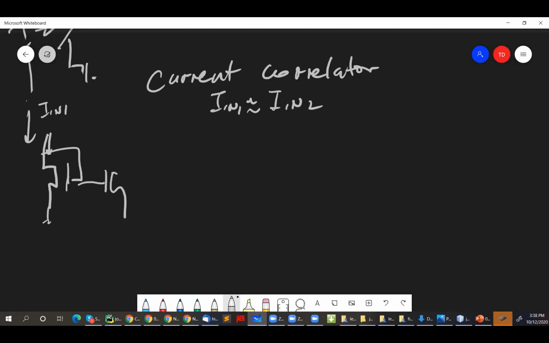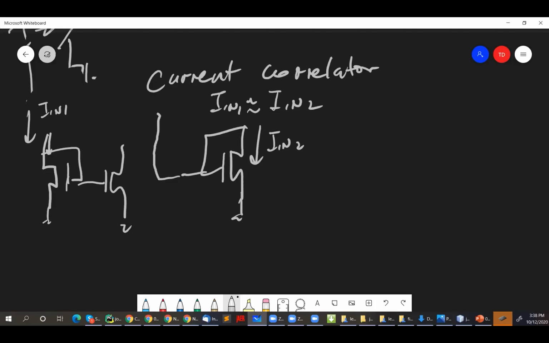There's an NFET here, and then I can mirror I in 2. Again, there's an NFET here, but now we're going to stick this output NFET on top of the first one. And now this is my I out.